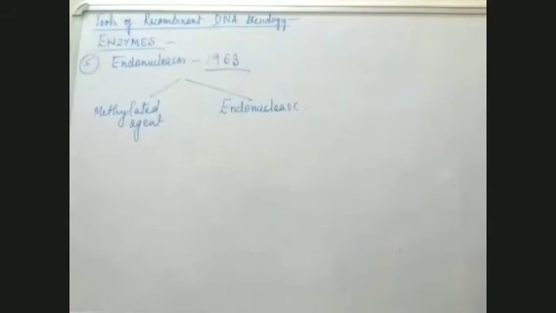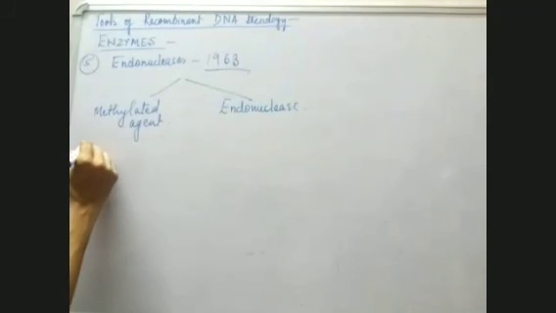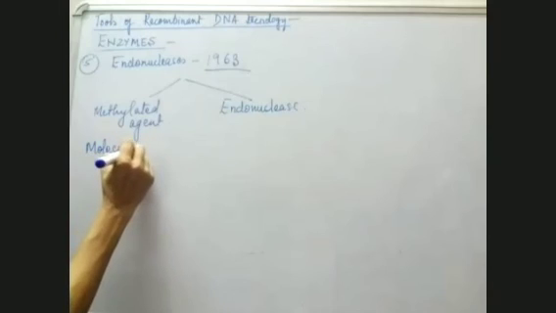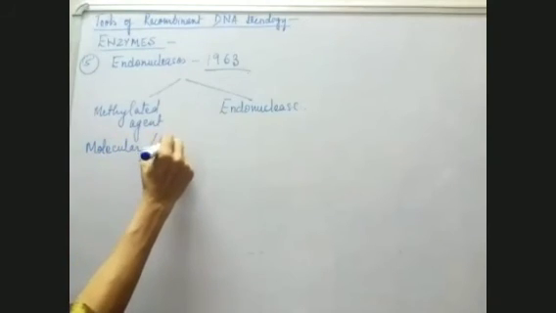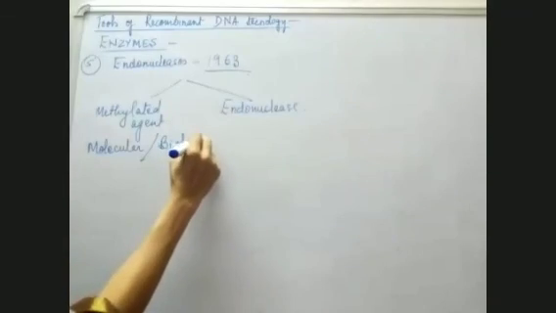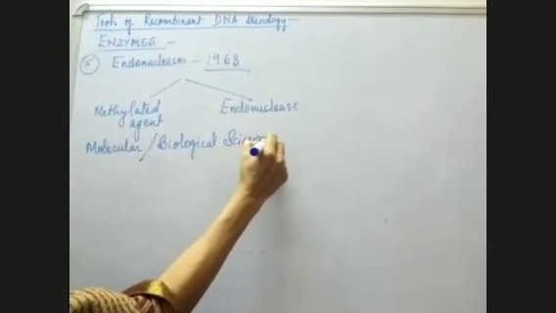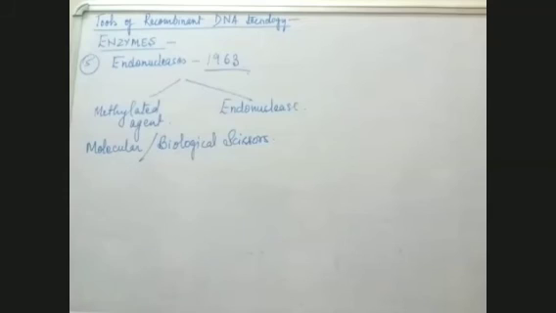Now, what is this methylated agent? How does it help the endonuclease? First of all, what is endonuclease? Endonucleases are also known as molecular or biological scissors. When we say scissors, of course, they have the function of cutting at a specific site.